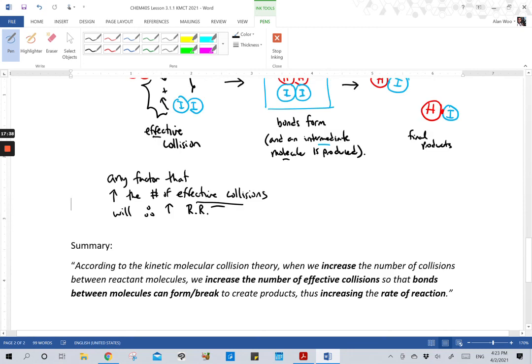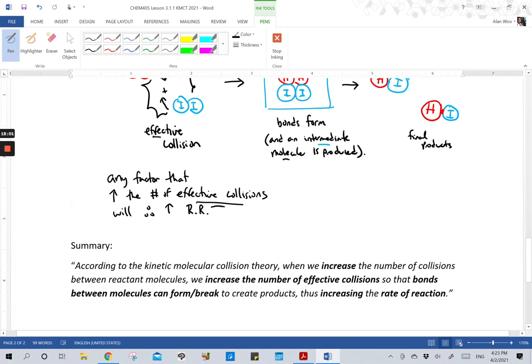To summarize everything, according to the kinetic molecular collision theory, when we increase the number of collisions between reactant molecules, we will increase the number of effective collisions, so that bonds between molecules can form or break to create products, thus increasing the rate of reaction.